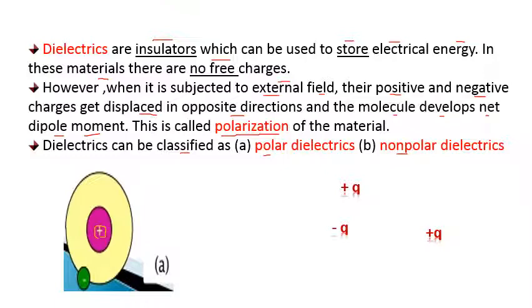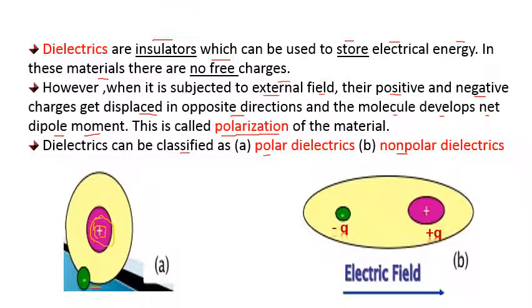Now electrons are revolving around the nucleus, and the center of all these negative charges, which is again imaginary, is coinciding with the center of these positive charges. Means when the center of negative charge and the center of positive charge coincide, there is no separation between these two charges and there is no dipole moment.